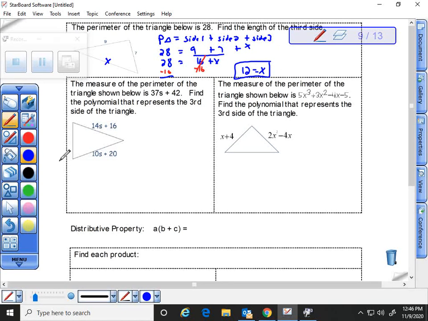Alright, so same general idea, but now we're looking at using letters all over the place. Makes it messy. So same idea again. The perimeter of a triangle is side 1 plus side 2 plus side 3. So the perimeter is 37s plus 42.